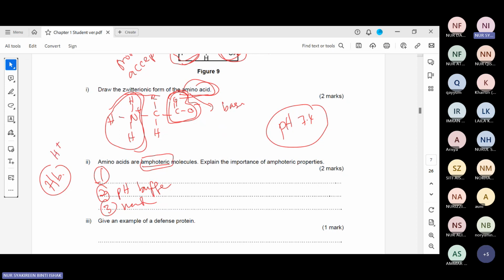So macam contohnya bila awak exercise dengan kadar yang banyak, pergi jogging ke main bola ke whatever, obviously you produce so much carbon dioxide. So when your cells are respiring, the cells produce so much carbon dioxide, and this carbon dioxide will make your blood to be acidic sebab dia akan form carbonic acid.